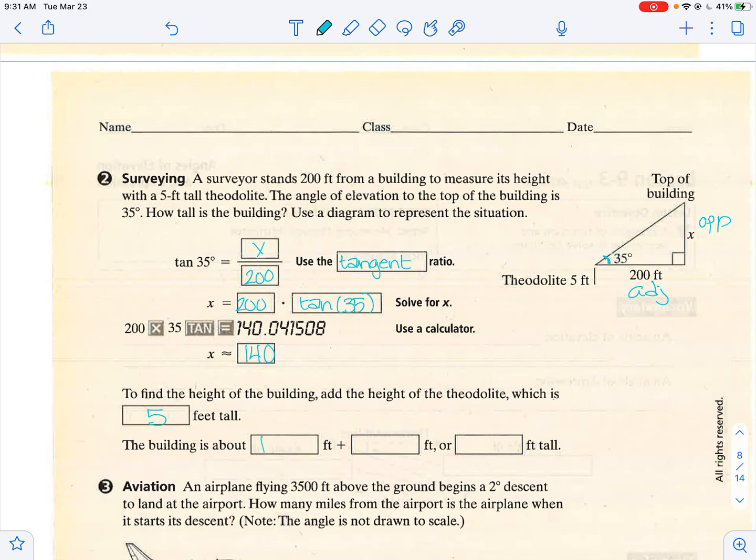So we're going to add 140 feet plus the 5 feet, and then 140 plus 5 is 145 feet tall. So total from the ground where this is sitting to the top of the building is 145 feet tall.